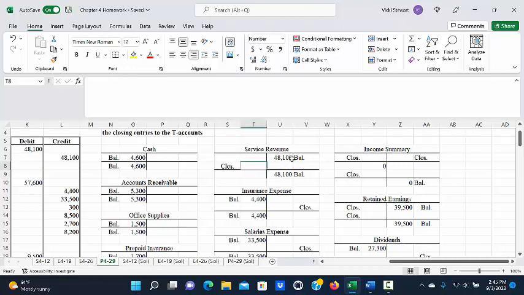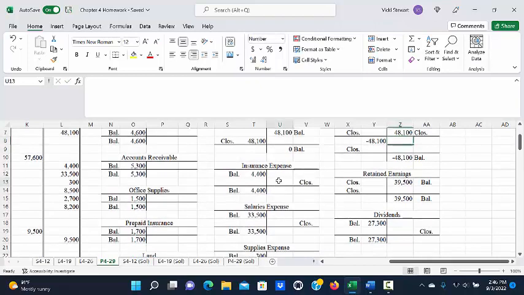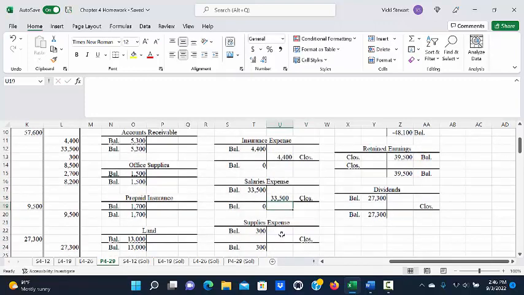So we had a $48,100 balance in service revenue, and we're going to post the debit to that account, which takes it to zero, and then a credit to income summary for the same amount. And then for each of our expenses, we're going to credit each one of these for the $4,400, so that all of our posting for our closing entries will reduce our expenses to zero.